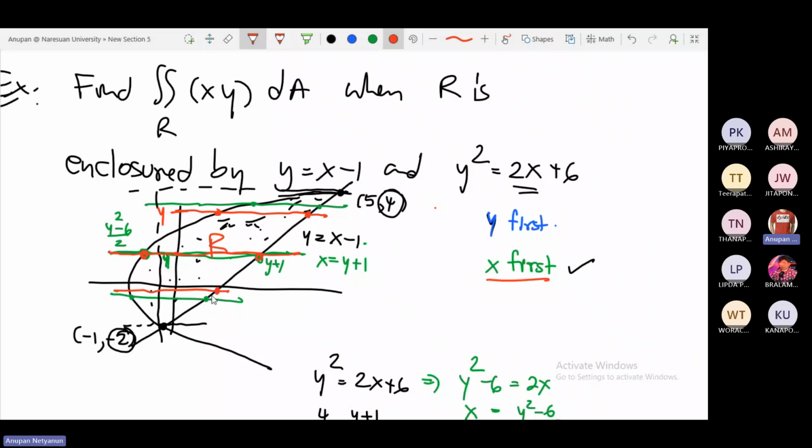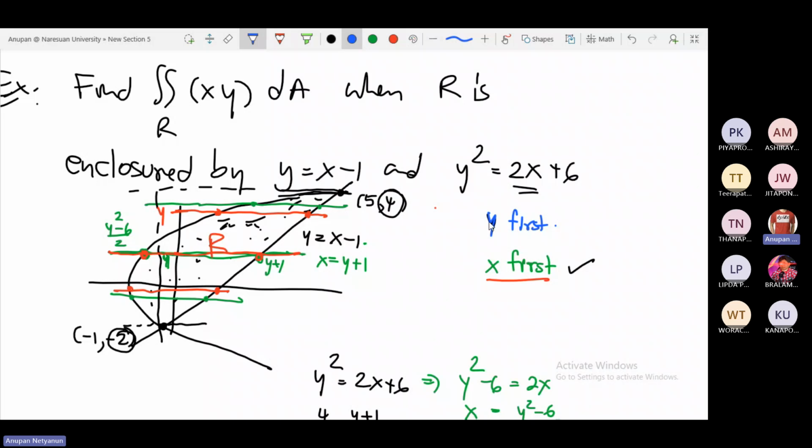Everywhere is in this pattern, so you can do the integration with respect to x first, because they are all the same pattern. But if you want to integrate with respect to y first, you can see the problem.